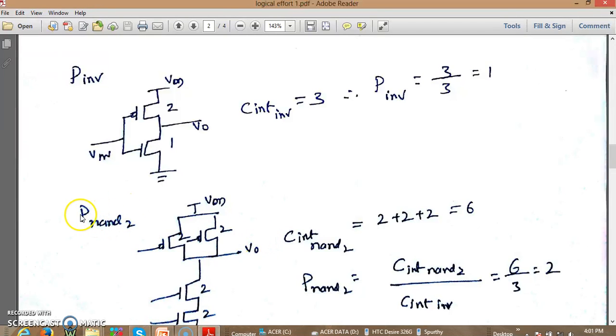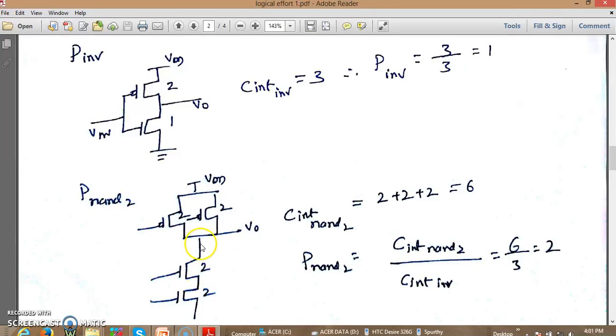If you look at the P of a NAND gate, which is a 2 input NAND gate, at this node it is 2 unit, 2 unit and 2 unit. So totally we have 6 units of intrinsic capacitance over here. So C intrinsic NAND 2 is 2 plus 2 plus 2, which is 6.